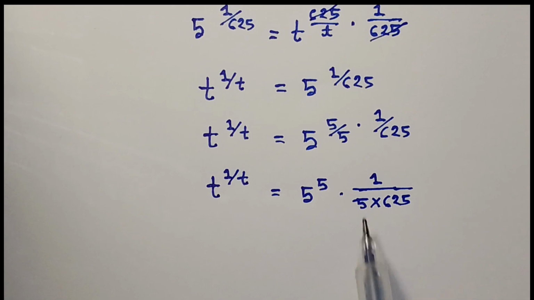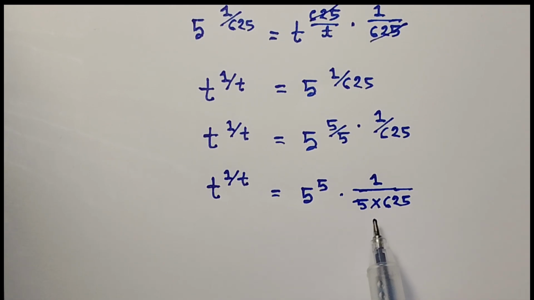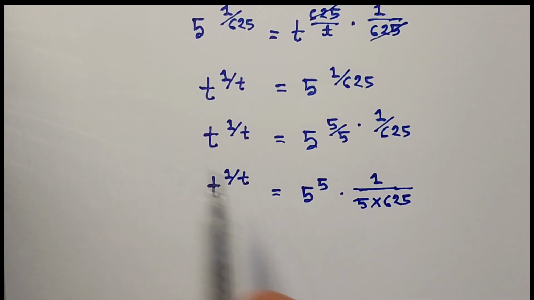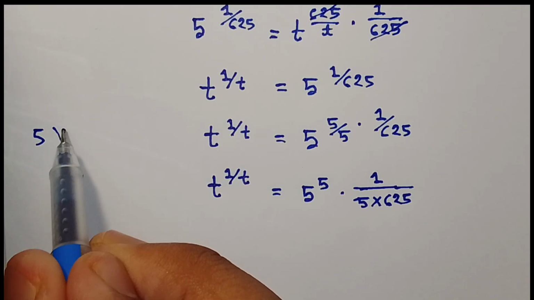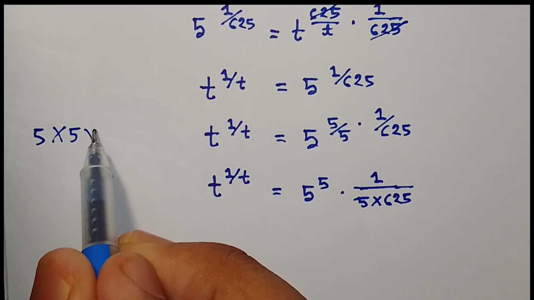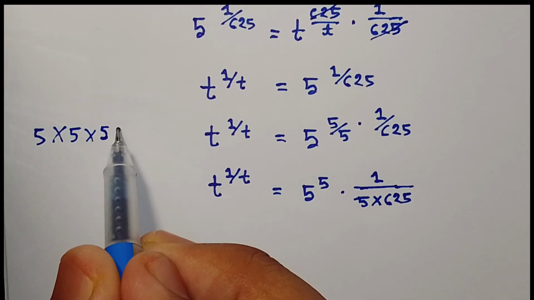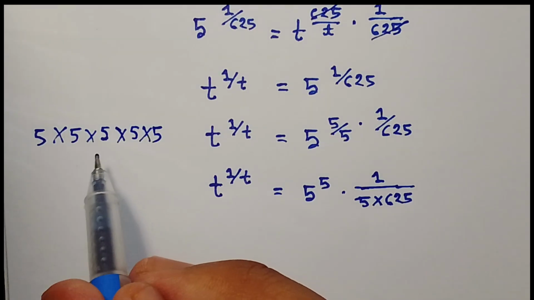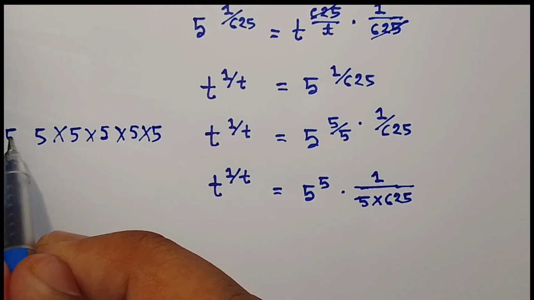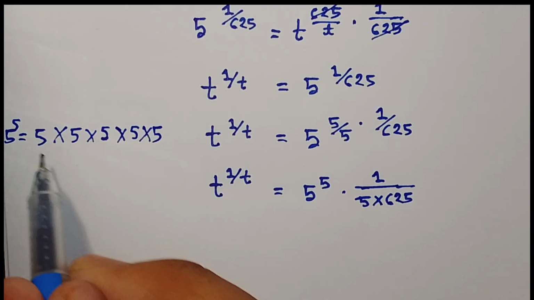Why do I write this 625 times 5? Because we know 5 times 5 times 5 times 5 times 5 equals 5 to the power 5.